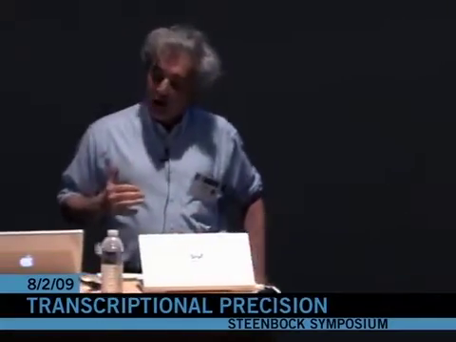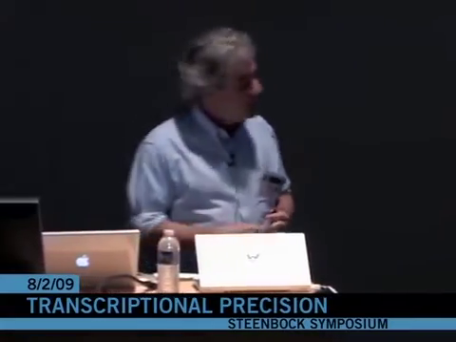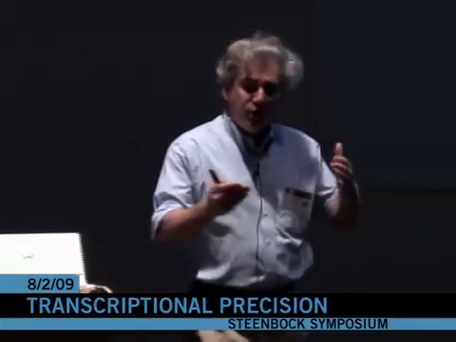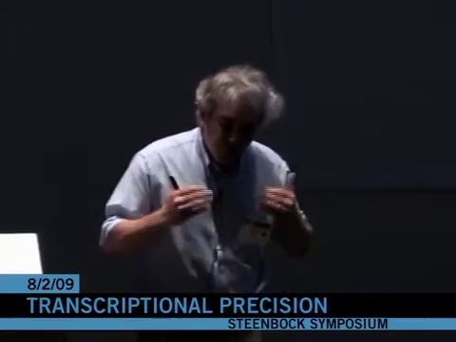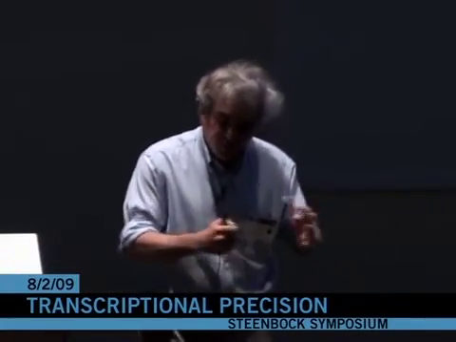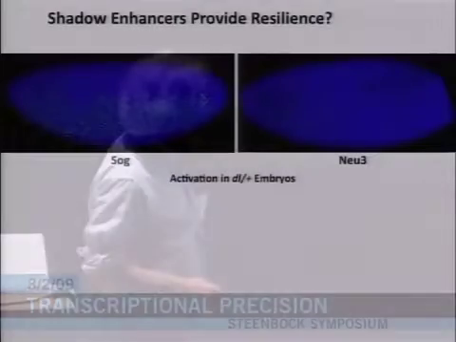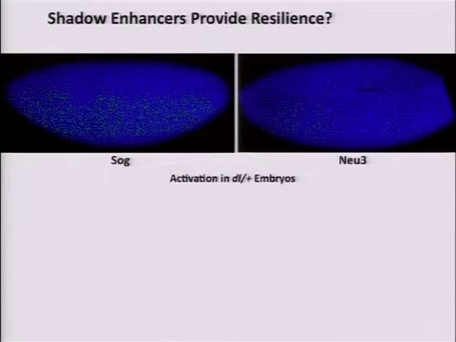And studies done by a graduate student in the lab, Alistair Boddicker, suggest that it has to do with resilience to perturbations, either in the environment or genetic perturbation. And so here you see the expression of 2 genes, SOG and NU3, in a very mildly mutant embryo, a dorsal heterozygote, 1 copy of dorsal rather than 2.